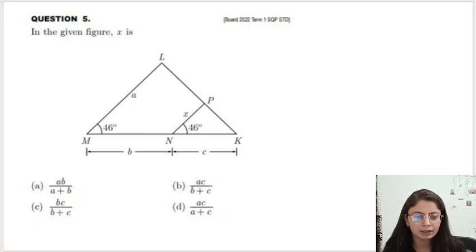Also this angle K is common in both the triangles, in triangle PKN and in triangle LKM, right. So using AA similarity we will have these two triangles similar, right. So the ratio of their corresponding sides would be equal, right. So in smaller triangle we will have this PN by LM. Fine.